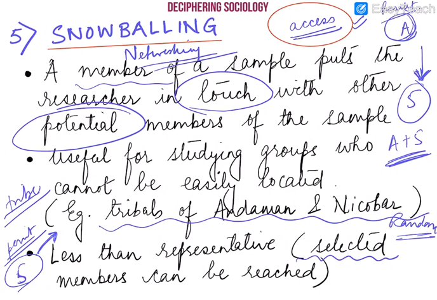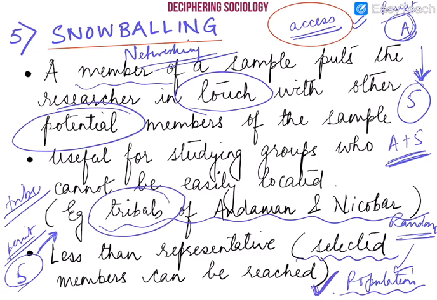So how can they represent the population? When I am choosing some 5 people on the basis of, I don't know, maybe my biases or prejudices, then they may not fully represent the population that I am going to study. That means the tribals of Andaman and Nicobar Islands. Therefore, they are less than representative.